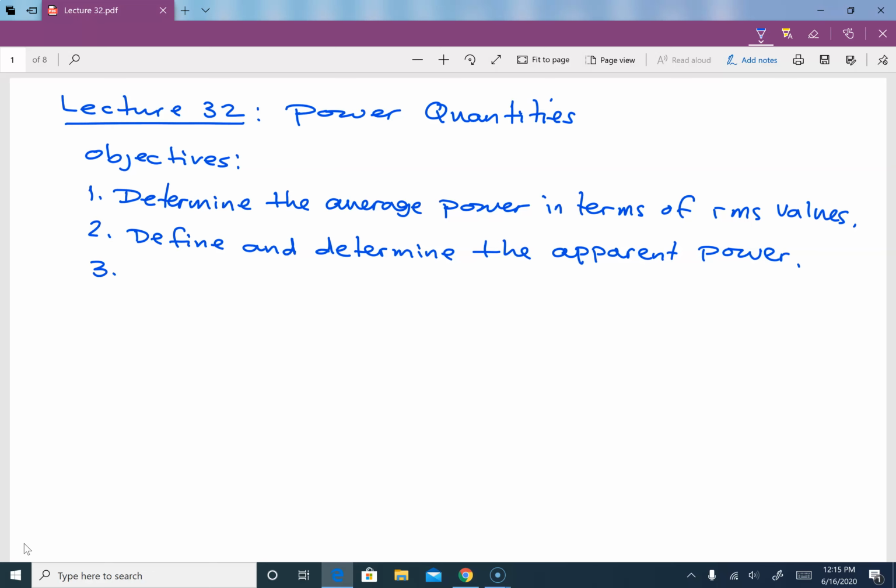The third objective is to define and determine the power factor.